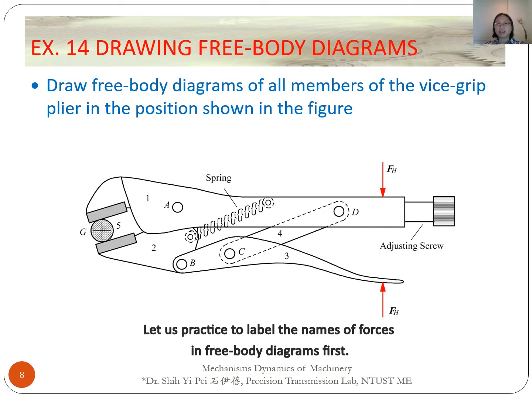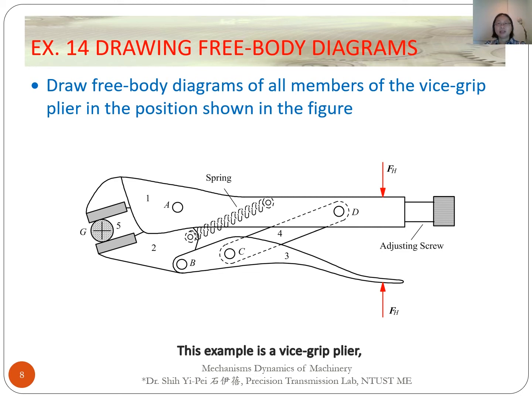Let us practice labeling the names of the forces in free body diagrams first. This example is a vice grip plier. A pair of forces FH are exerted by the user's hand on the handles to clamp the object 5. In this case, the weights of all the members are negligible.